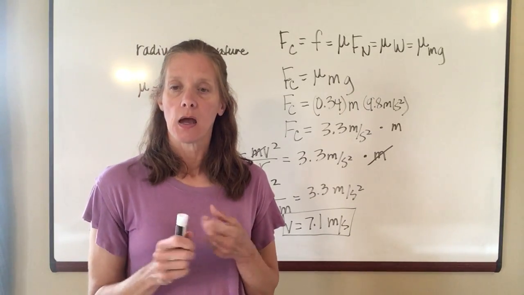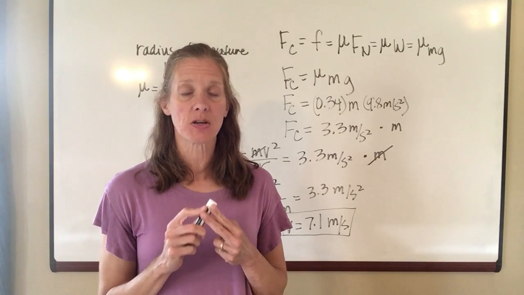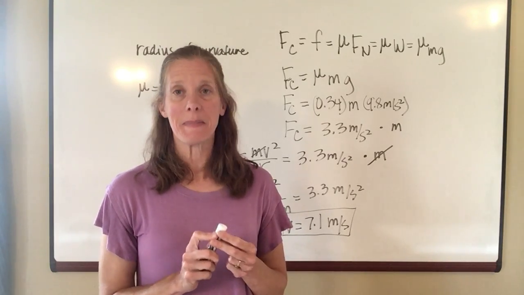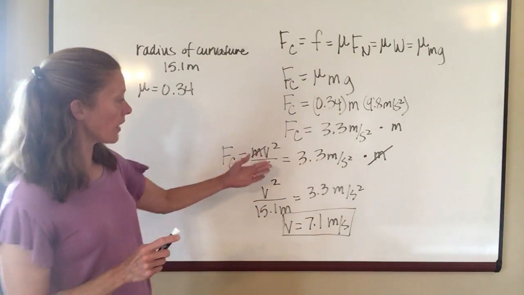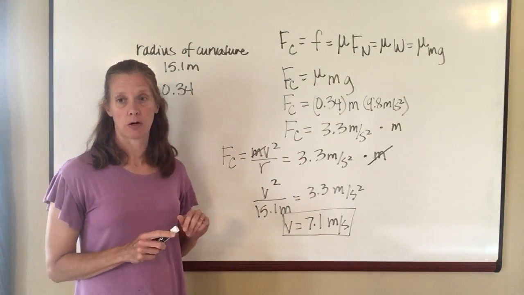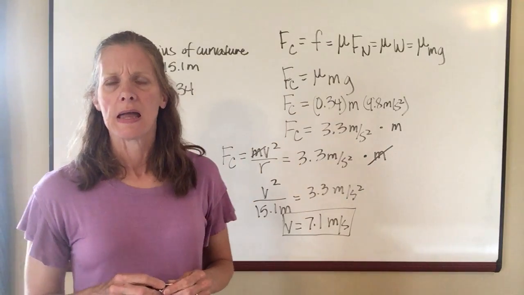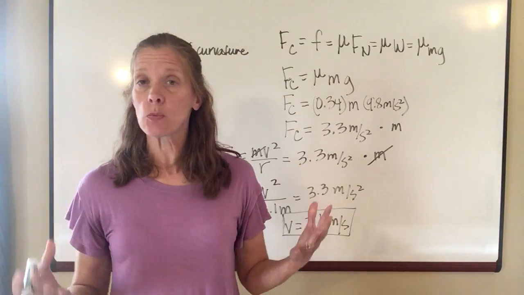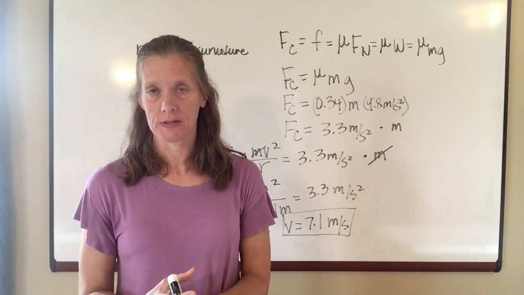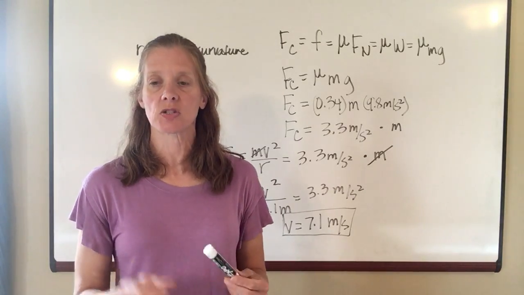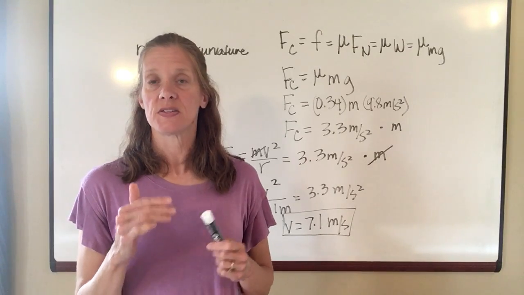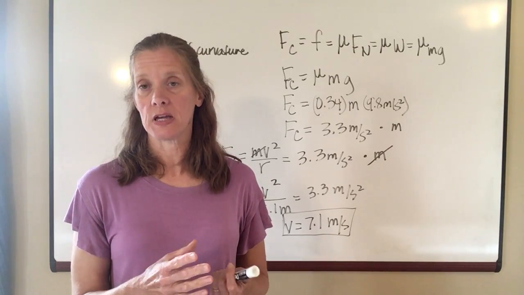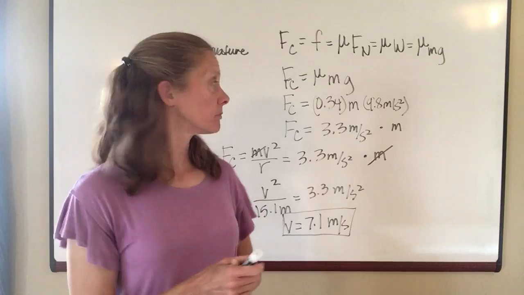Secondly, the mass of the vehicle does not make any difference when you're going around a curve. We saw that it completely cancels out here. And so it doesn't matter if you're driving an 18-wheeler or you're driving a motorcycle. It doesn't make a bit of difference because the velocity around that curve is going to be the same no matter what kind of vehicle you're actually driving, okay?